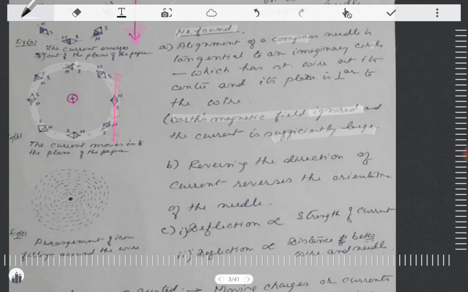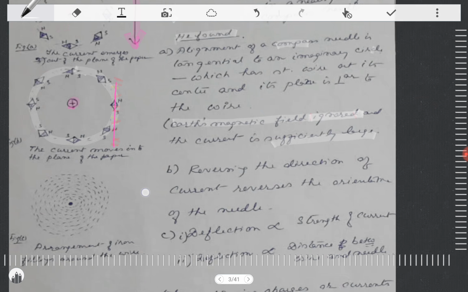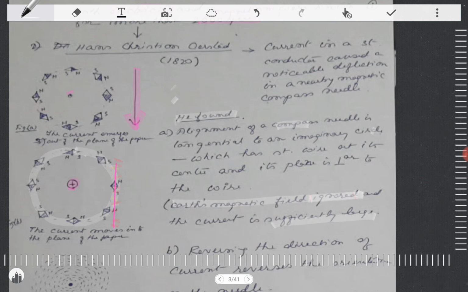Now reversing the direction of current reverses the orientation of the needle. Here the current is flowing from the bottom of the paper, that means from under the table on which you are studying; the current is entering from under the table.